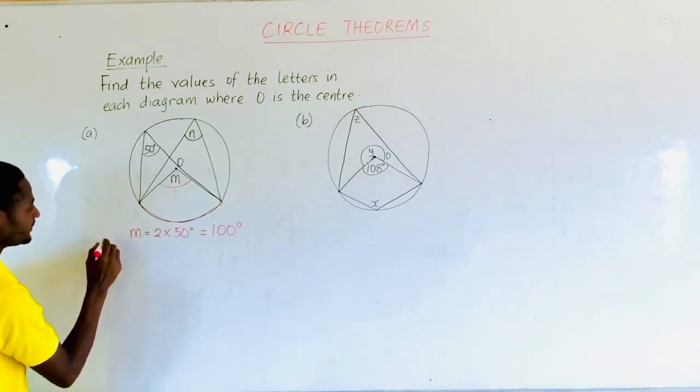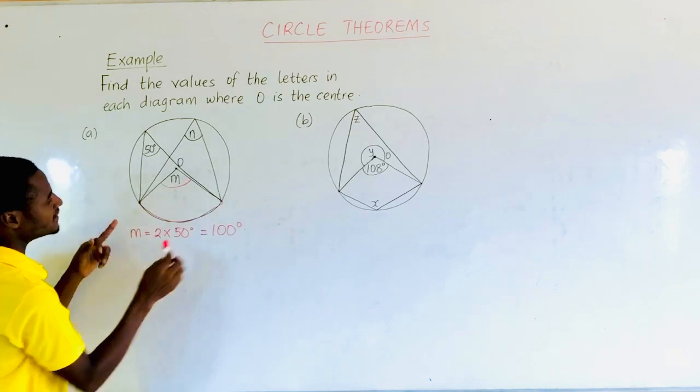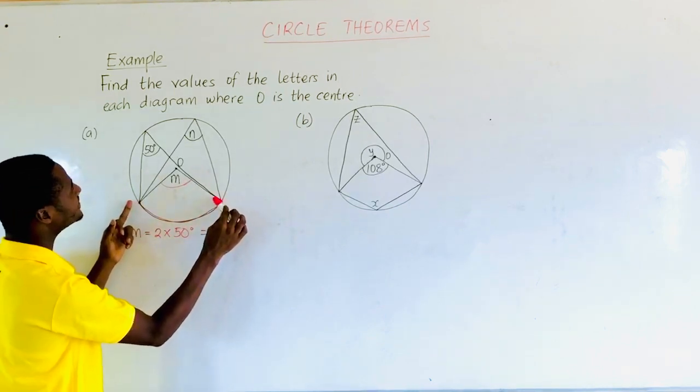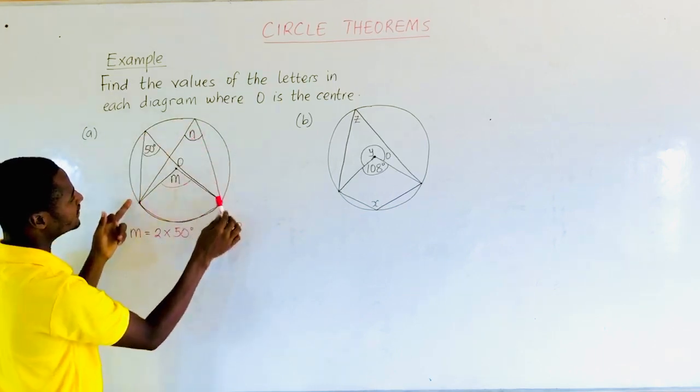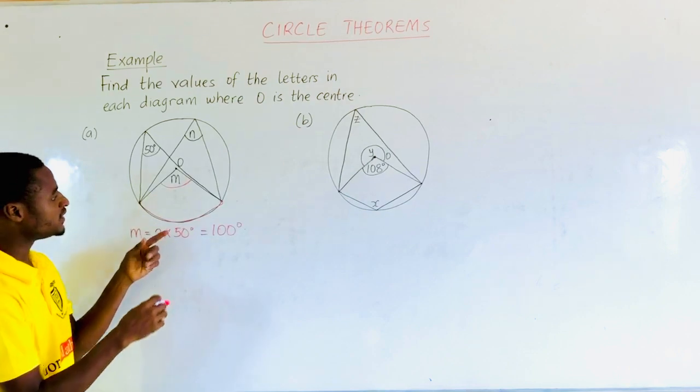Then again, from the second theorem, we learned that if an arc or a chord subtends angles at the circumference of a circle in the same segment, then those angles should be equal.